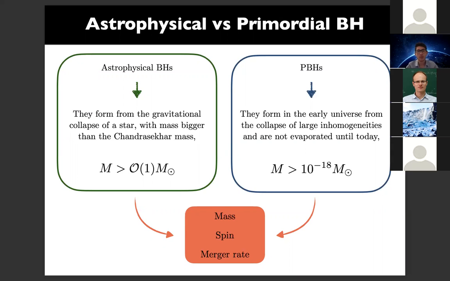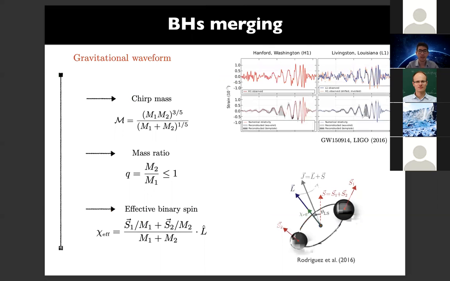Now, these two different formation scenarios, of course, will lead to different predictions for the black hole features, which are their masses, their spins, and also their merger rate, which in turn will impact what we see at the present experiments. So in particular, at the gravitational wave experiment, what we see is the gravitational waveform, which is determined at the leading order in perturbation theory by the chirp mass, which is a combination of the primary and secondary component masses of the binary.